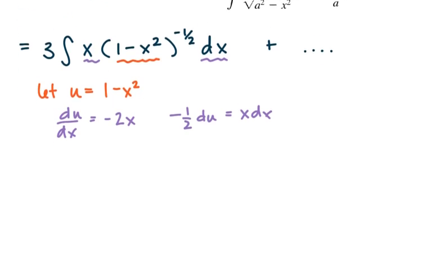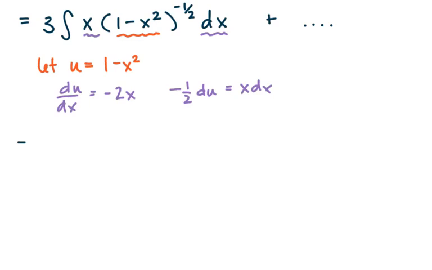So the integral here that I'm solving, 3 times the integral, I have u to the negative 1/2 power, and then x dx is equal to negative 1/2 du. So I'm going to take that negative 1/2 and put it in front.